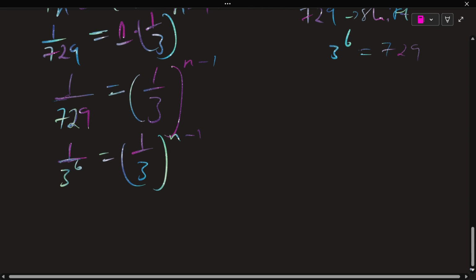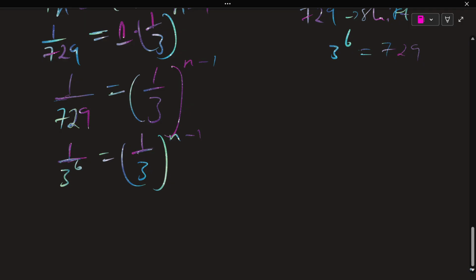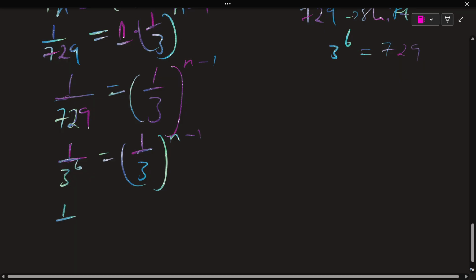We have 1 over 3 on this side as it is. But remember, this base of 1 over 3 is enclosed by the exponent n minus 1.